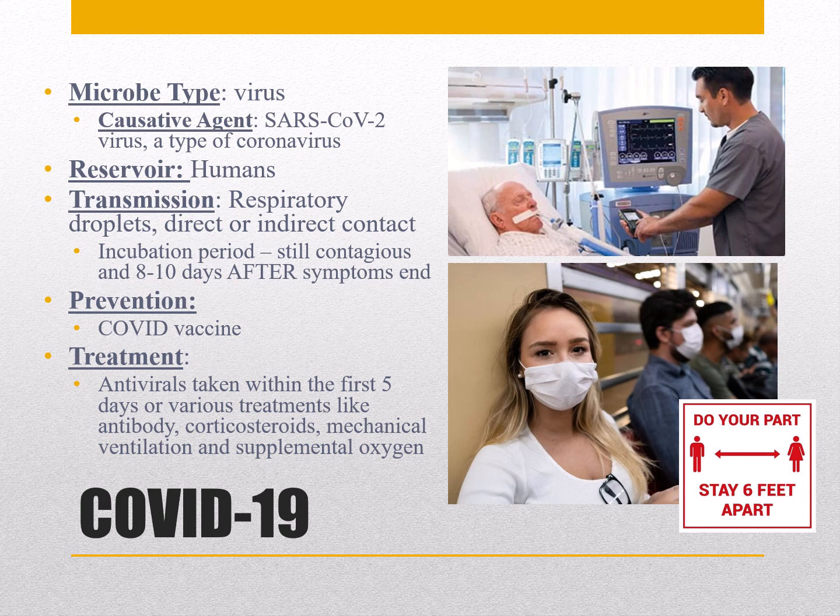The other thing that helped with that transmission was the incubation period, as well as after you stopped showing symptoms, you were contagious that entire time. So before you showed symptoms during the incubation period, you were contagious. 8 to 10 days after you stopped showing symptoms, you were contagious.